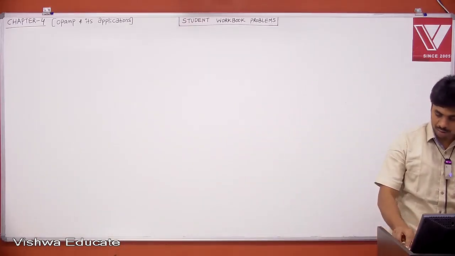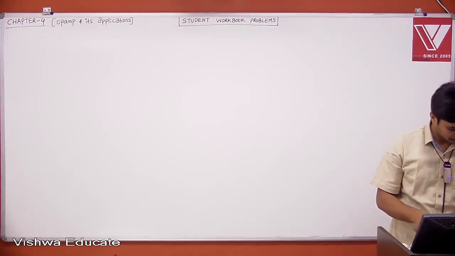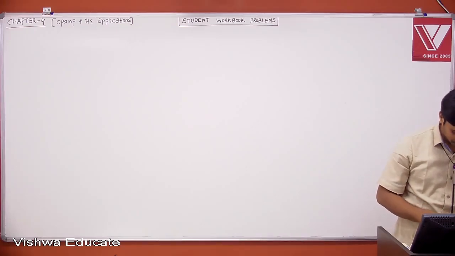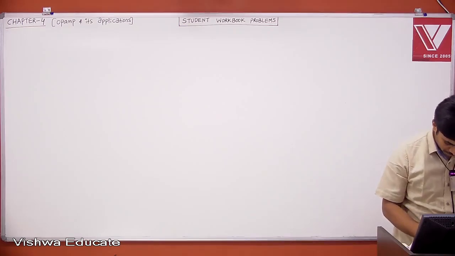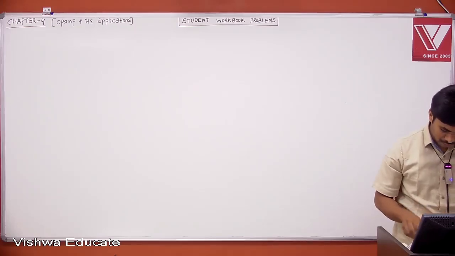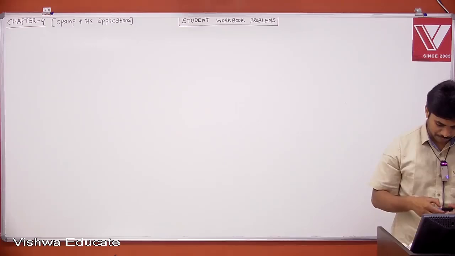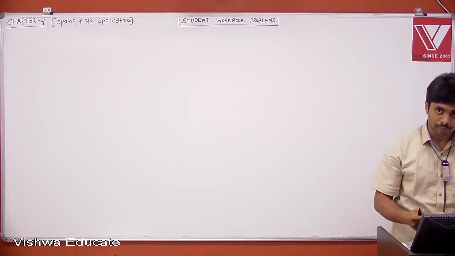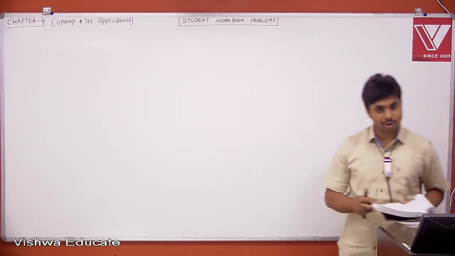Write down problem number 1 from the student workbook. Assuming the op amp is ideal, the voltage gain of the amplifier shown below is... I hope you already did it.